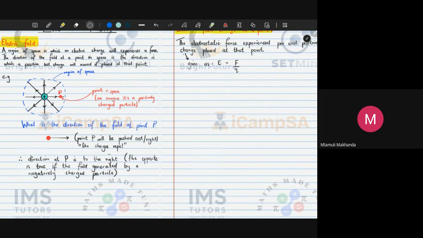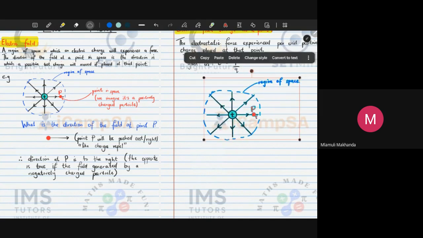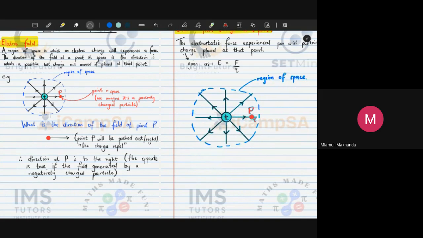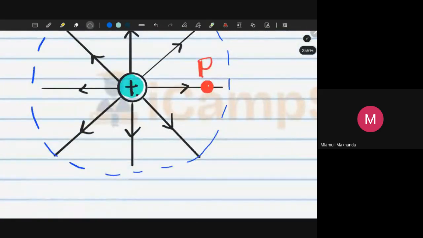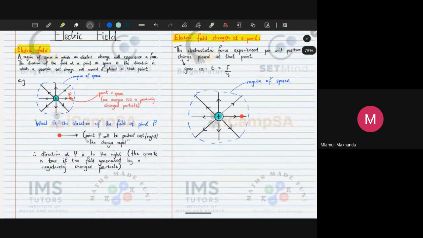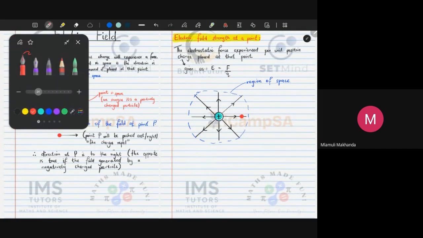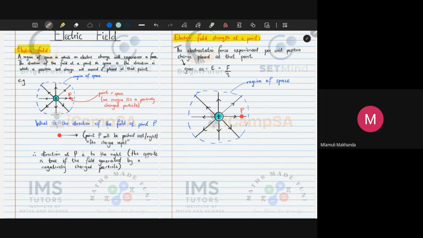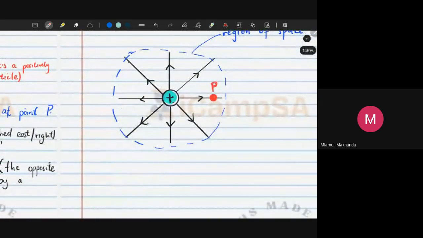Let me take this. Imagine this is point P, and then let me add another point.